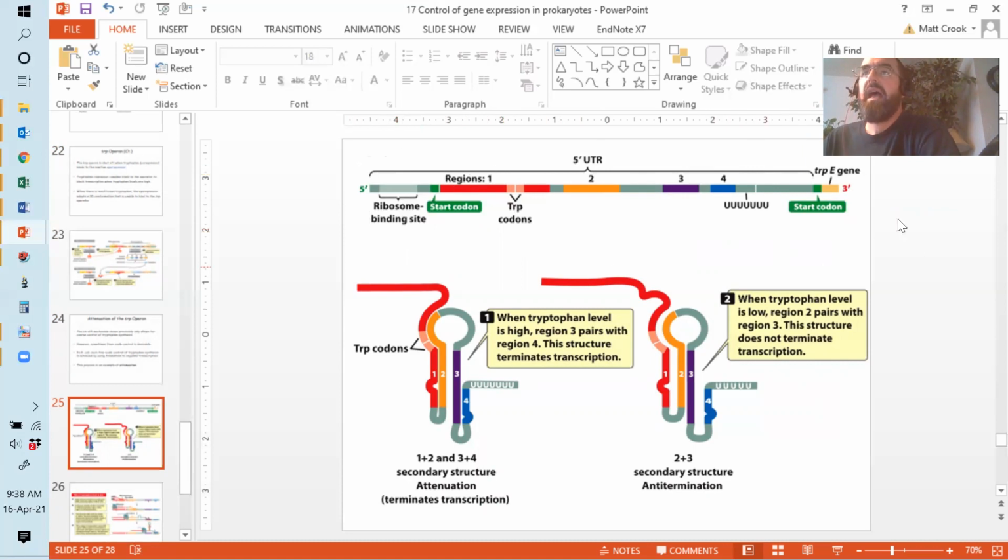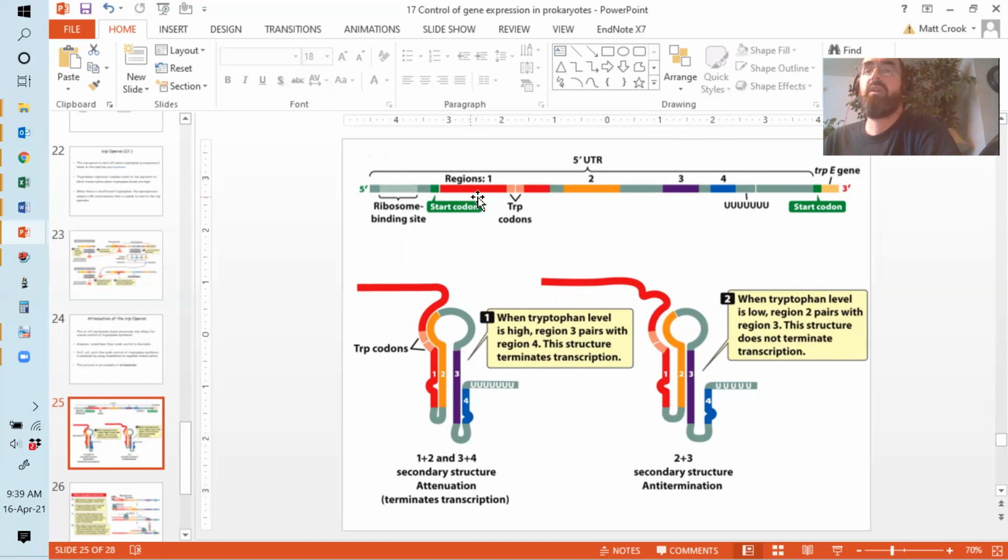Okay, and this region here, where those U's are, remember, because U's cause RNA polymerase to stall or to slow down. These regions here are what can form the terminator loop.